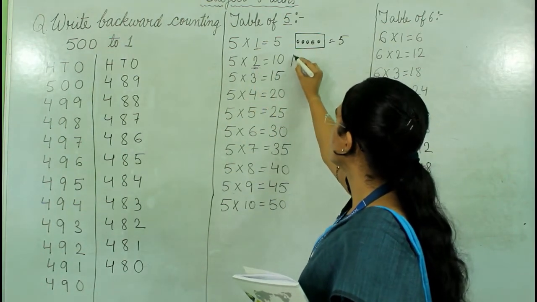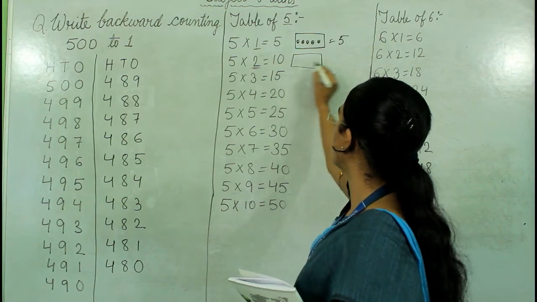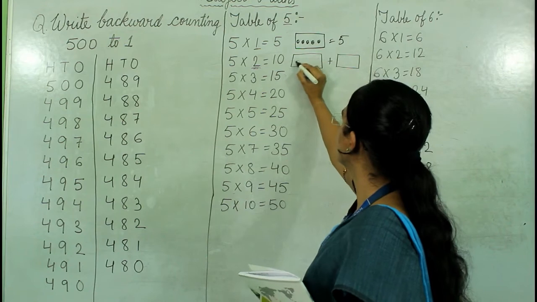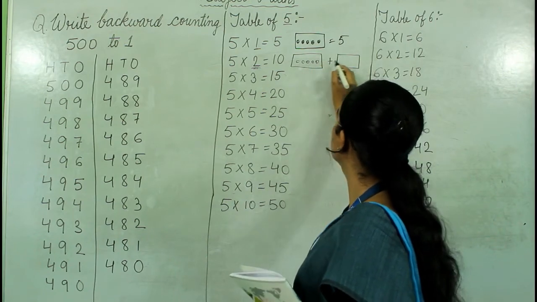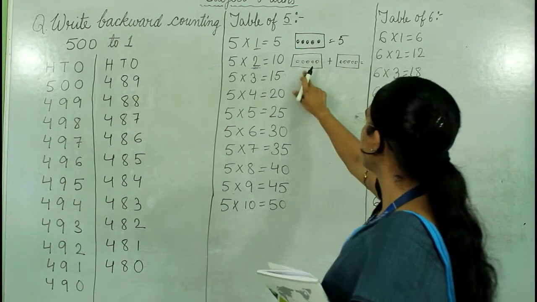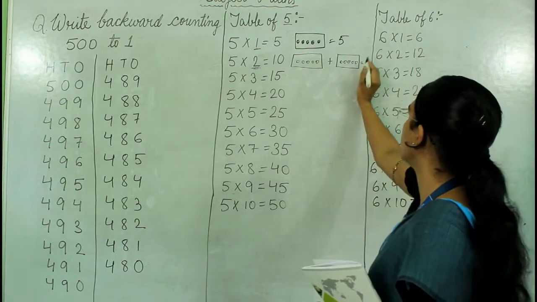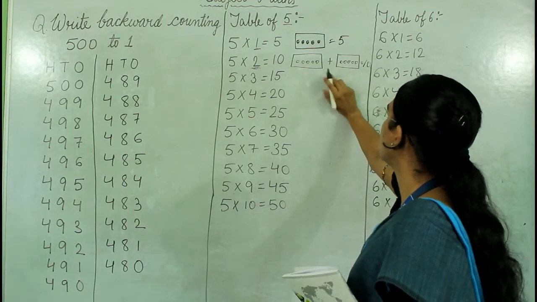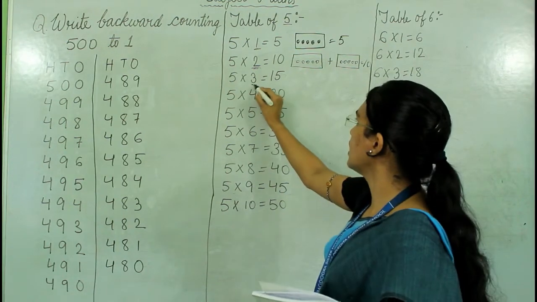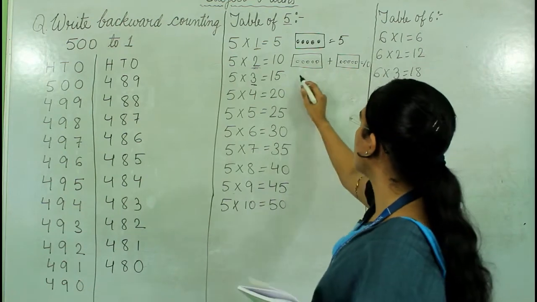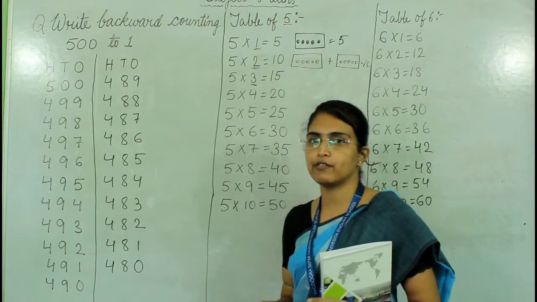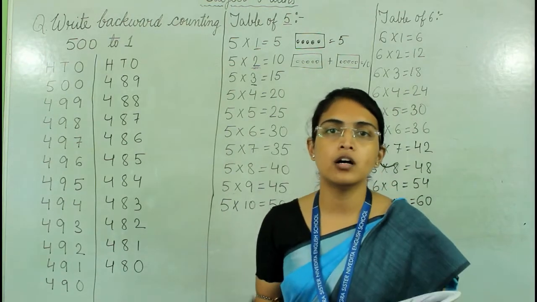Now we have to do 2. How many boxes do we have to draw? 2 boxes, and each box has 5 balls. That means 5 plus 5 is 10, so 5 twos are 10. Here we have 3. We draw 3 boxes, and in each box 5 balls.